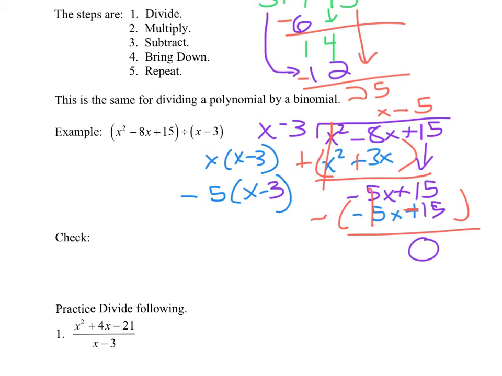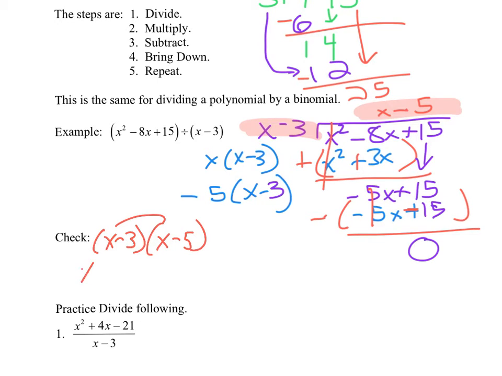Now to check this, I'm going to take the x minus 5 answer, multiply it times the x minus 3 divisor, and that should give me back my original trinomial. Okay, so I have x minus 3 times x minus 5.